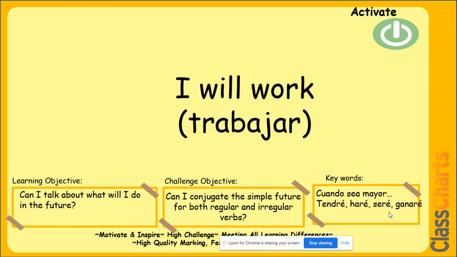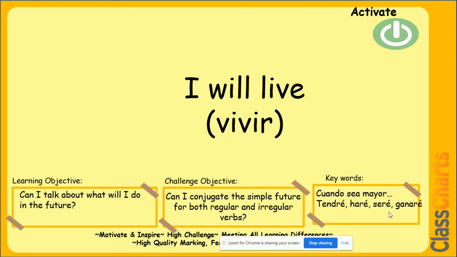Okay, so how would you say I will work? I want you to stop the video and try to write it down. How do you think you will say I will work? Okay, I'm going to give you the answer now. Trabajaré. Well done to those that got it right. Okay, I will live, and you have in brackets the infinitive.